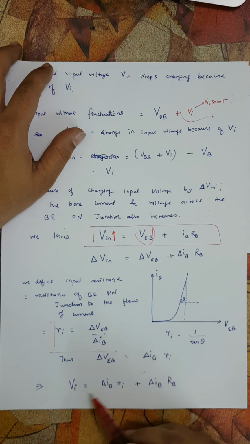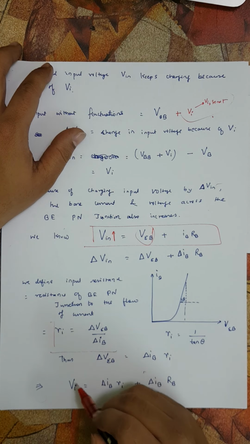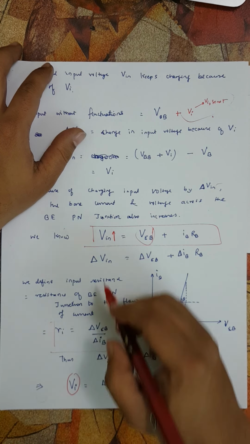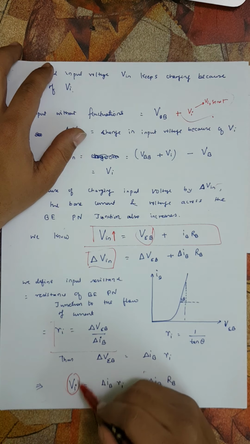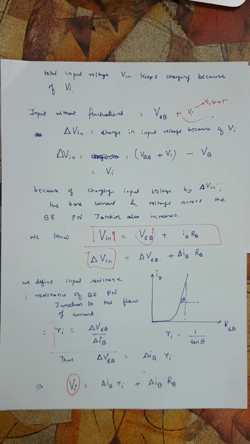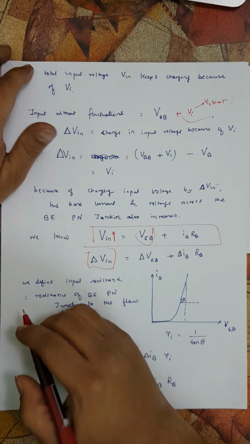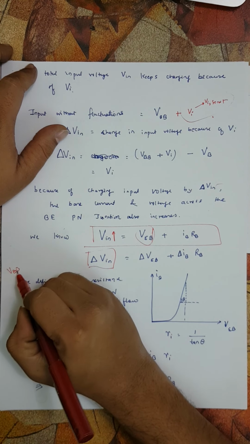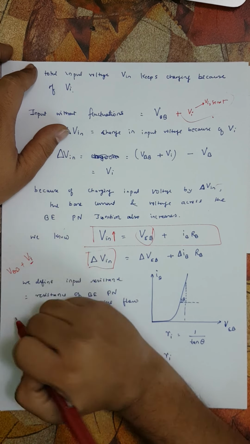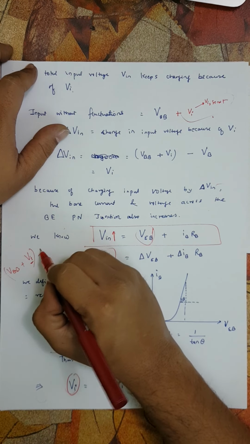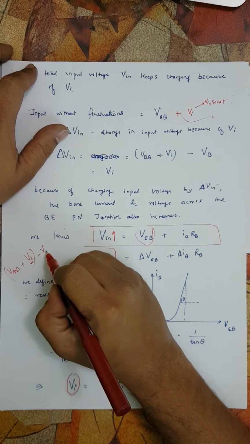See, why are we writing this as Vi when it was delta VIN? Because the change in the total input voltage is the input signal over and above the DC biasing voltage. DC biasing voltage is the normal input voltage, and when we add the input signal, the total input voltage becomes VBB plus the sinusoidally varying input function, and this is the final value. What is the initial value without any input voltage?